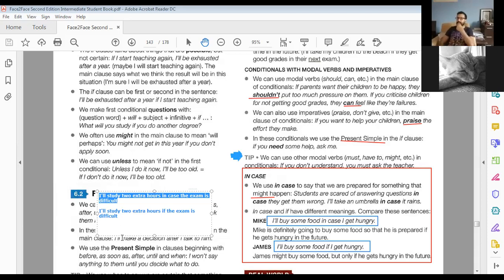Will it rain for sure? 100% or not definitely? Not definitely. Yes. But if it does, he's ready. That's it. So let's go back to the buying food hungry case. What do you understand now?